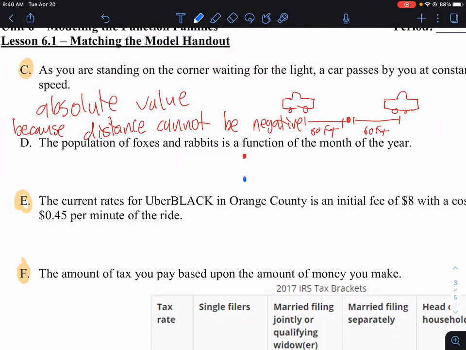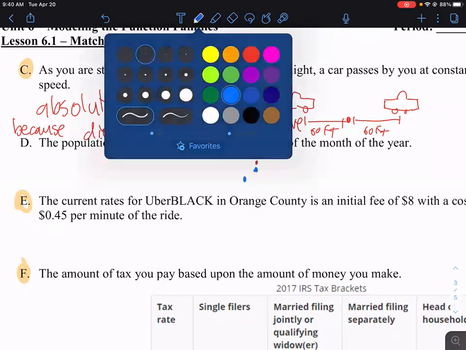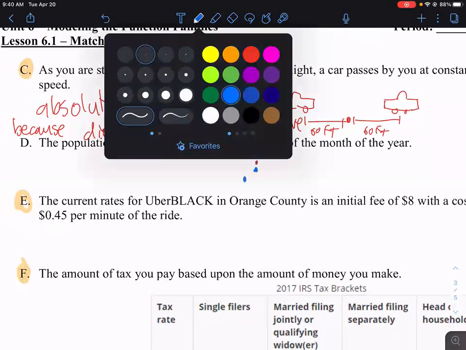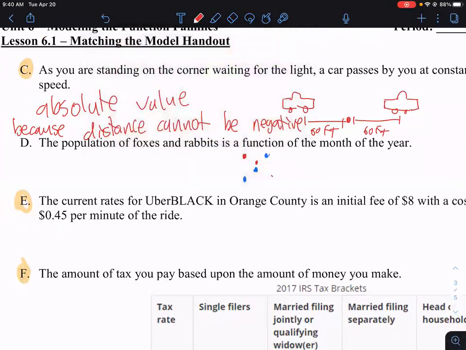So the foxes have a lot of food, so there can be more of them born. But if there are a lot of foxes eating the rabbits, now the number of rabbits decreases. So as the number of foxes continues to go up, there are fewer and fewer rabbits because they're getting eaten. But at some point, once there aren't that many rabbits left, now the foxes don't have much food.